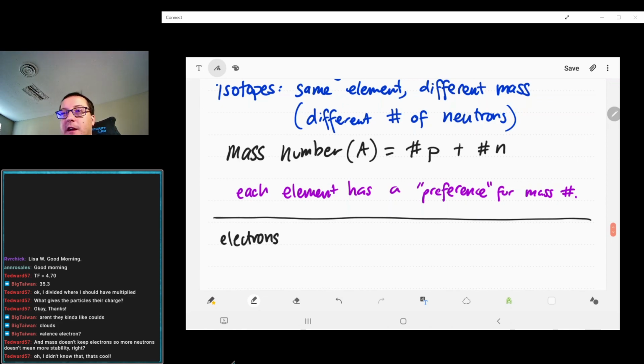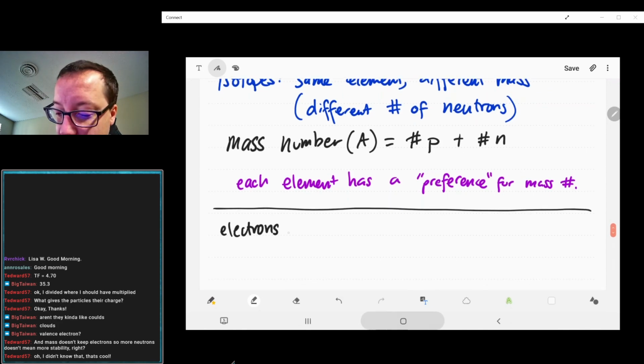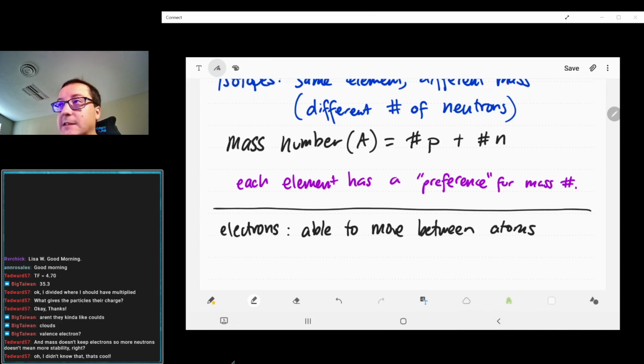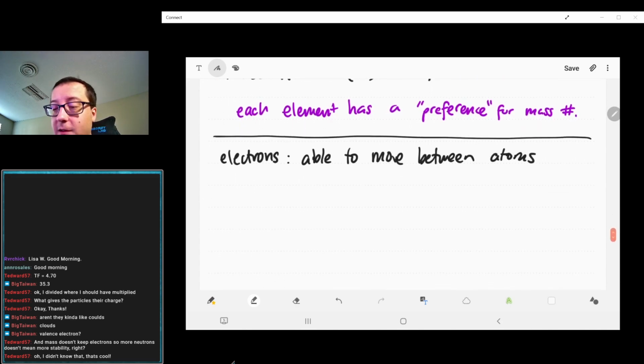So electrons are kind of special for us. They are able to move between atoms. We're going to see that most of the chemistry we talk about, 99 some odd percent, deals with electrons moving around. That's what chemical reactions are all about. We're going to see that life exists because electrons can move around.